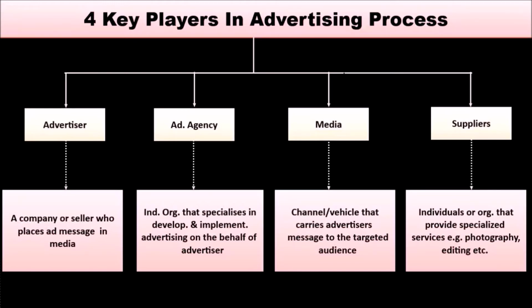A particular channel that carries an advertiser's message to the targeted audience is known as media vehicle. For instance, a television channel that carries an advertiser's message is a media vehicle. Similarly, a particular newspaper which carries an advertiser's message is a media vehicle.